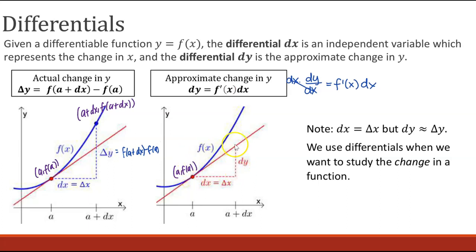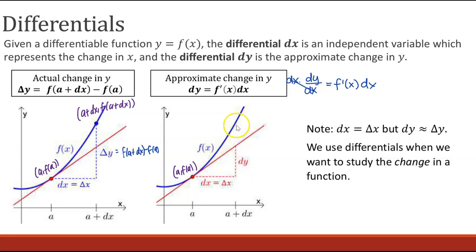So we can see this rise dy over this run dx. So the slope of the tangent line, f prime of x, is the same as dy over dx, rise over run. So here, now, dy is this approximate change in y.